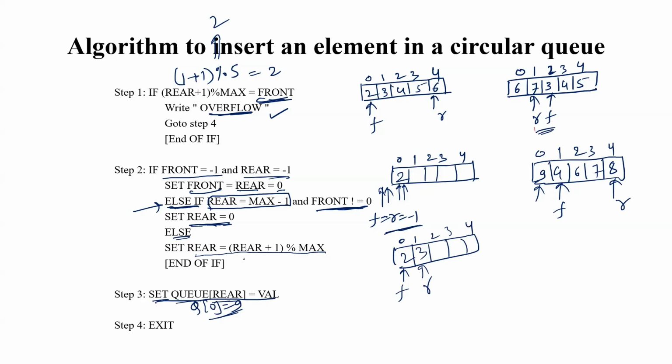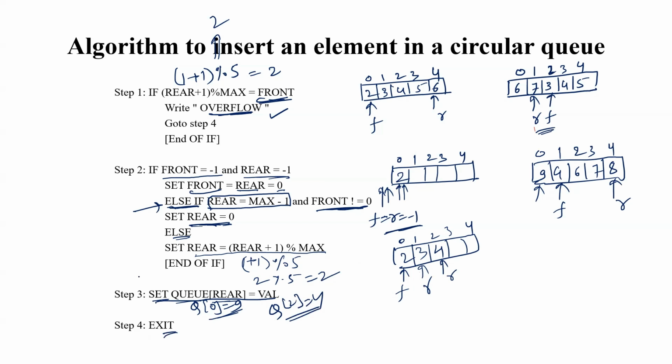The value of rear is 1. 1 plus 1 is 2 and 2 modulo 5 will be 2 only. That's why I'm going to insert the value here. We'll increase the value of rear first. Then I'm going to insert the value at this location. So Q of 2 is equal to 4. And finally we will do exit.